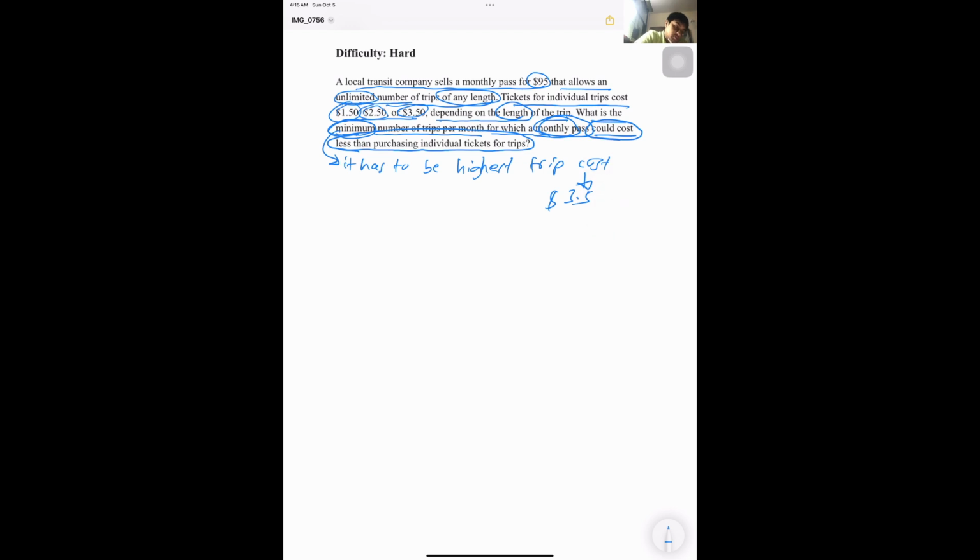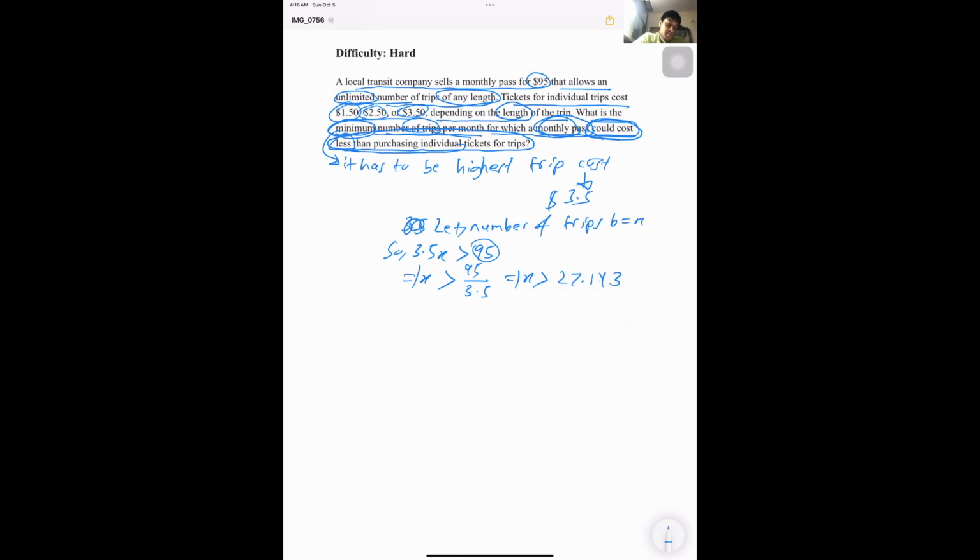So we say 3.5, and let the number of trips be equal to x. So 3.5x is greater than 95, since they're saying the monthly pass could cost less than purchasing individual tickets. So x is greater than 95 divided by 3.5, or x is greater than 27.143.